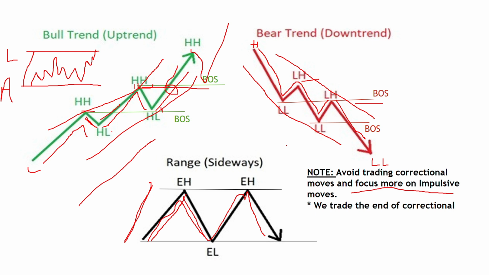Because impulsive moves are where you get the big moves, while correctional moves are always small moves. You can see, if this is your impulsive move, from this point to this point you might get 200 pips or 400 pips.